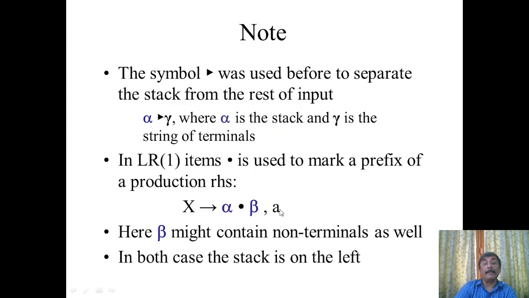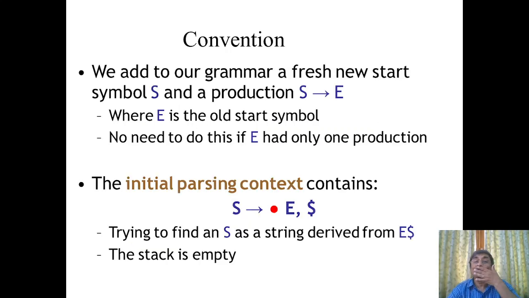Now this a says that if I have seen alpha, then beta and the remaining part of the string, beta and gamma, may start with a small a, not gamma only.